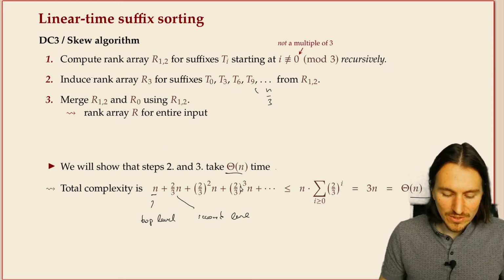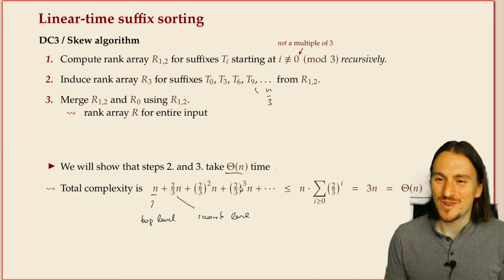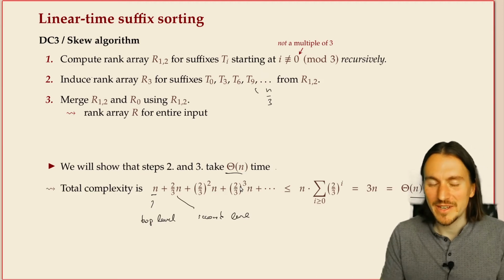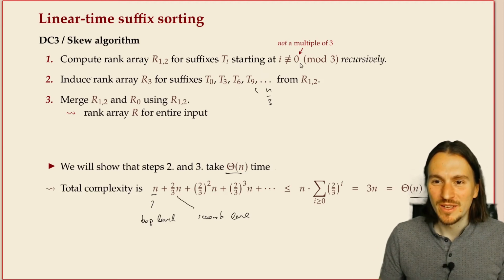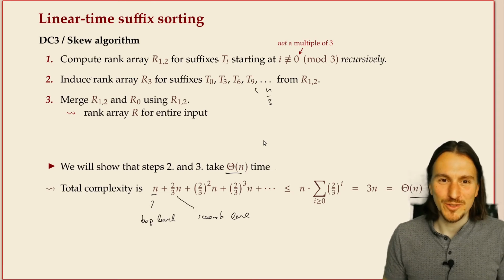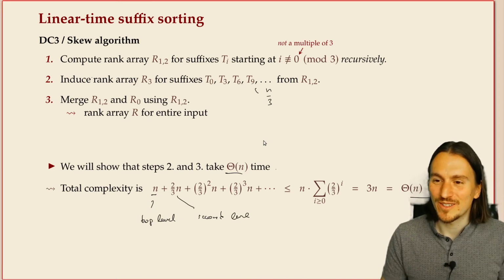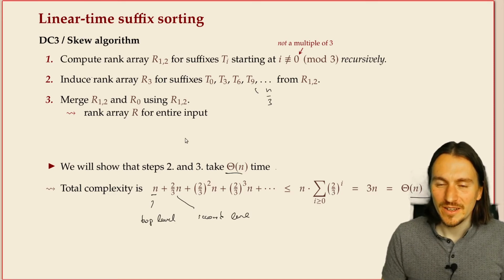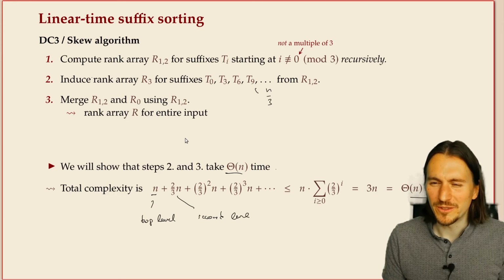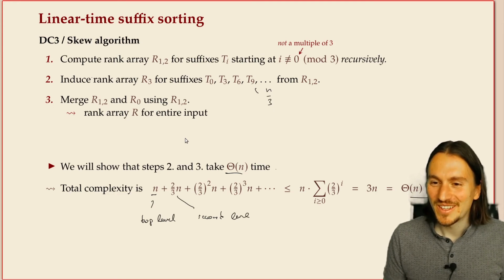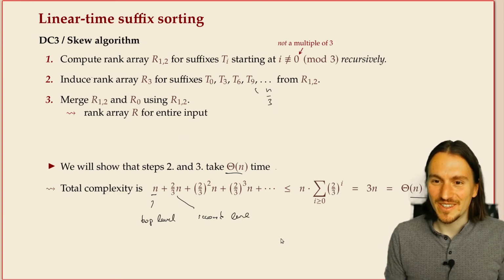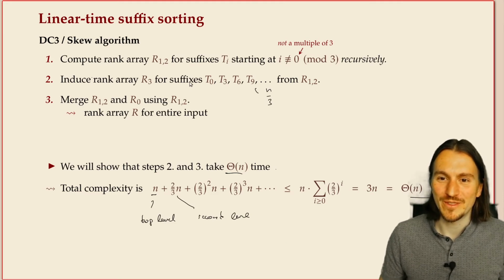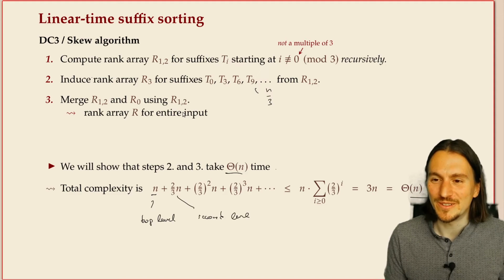Okay, so if steps 2 and 3 take linear time, the entire algorithm takes linear time. That is a simple application of solving recurrences like you've practiced in Unit 1, also in the tutorials, or Unit 0, whatever it was. That proves that the entire algorithm is linear, but we have to show that these 2 steps can be implemented in linear time.